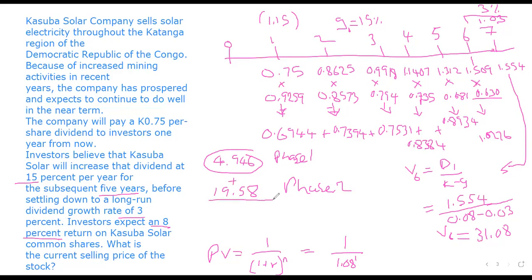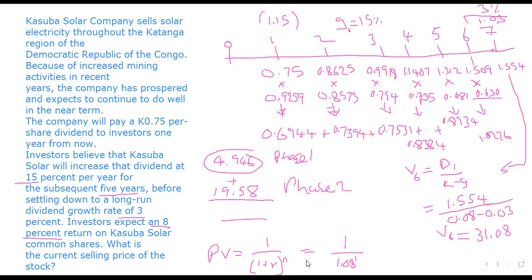What are you getting? That's the value of stock. $24.52. 24.52. Correct.